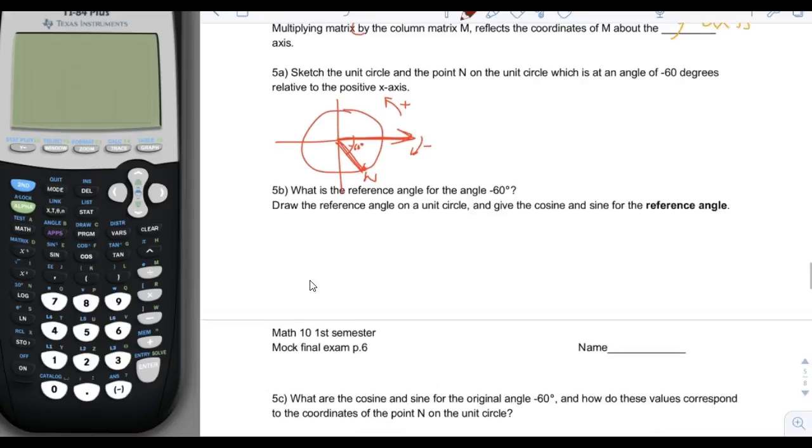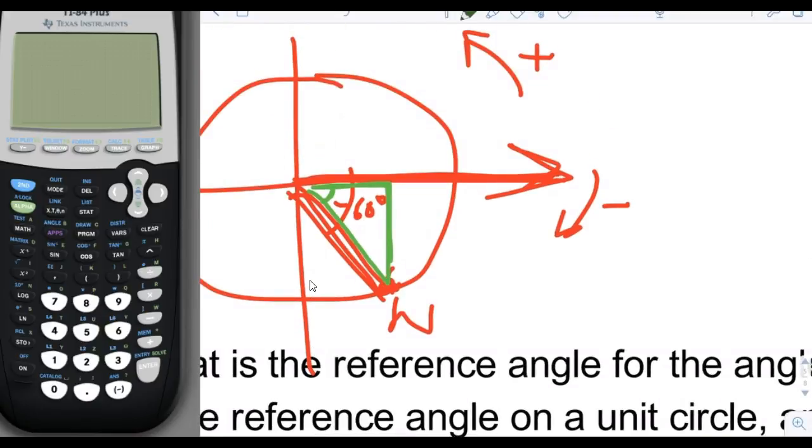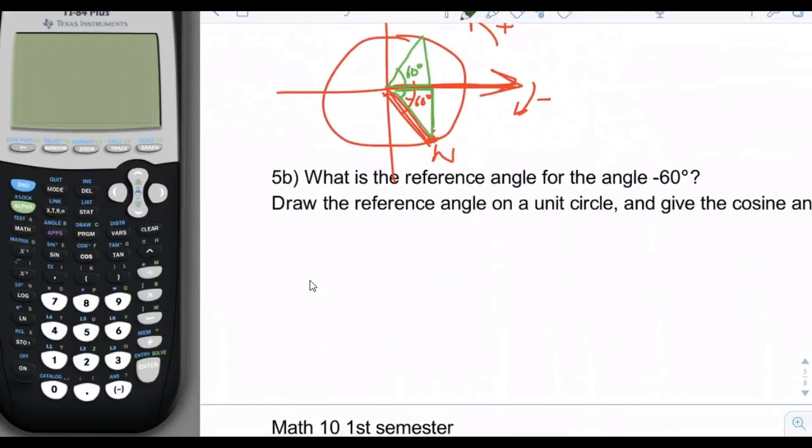So in this case, the angle between this point and the closest x-axis would be this angle here, okay? And to make it a positive angle between 0 and 90, we're just going to flip it up here so that we can see it, and then it's a little easier to see that this is positive 60 degrees. Okay? So the reference angle is going to be positive 60 degrees.